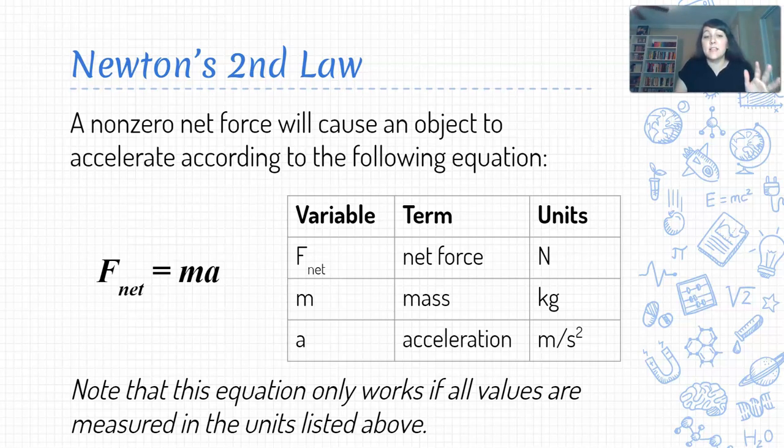As long as I put my net force in newtons, my mass is measured in kilograms, and my acceleration is measured in meters per second squared, that equation will work for me. We really want to be sure to be using those standard scientific units, because otherwise the conversions end up messing with us. So we're going to stick with newtons, kilograms, and meters per second squared.